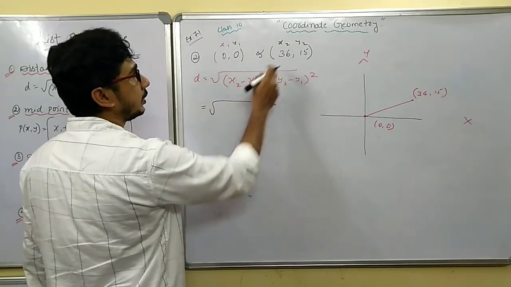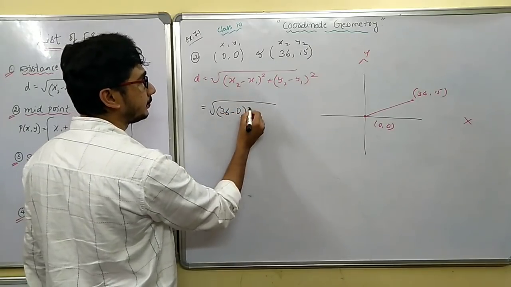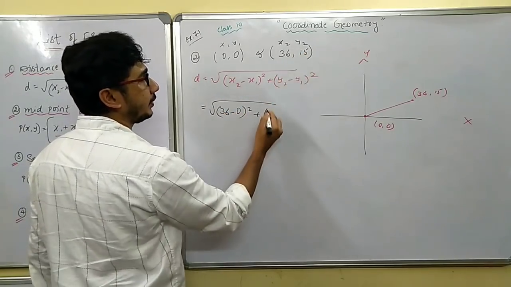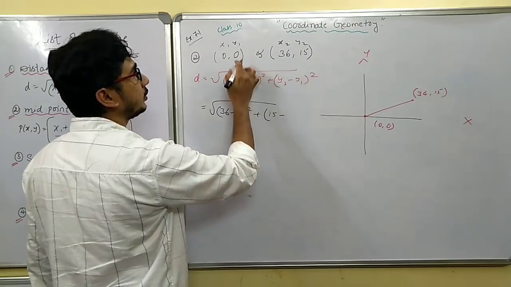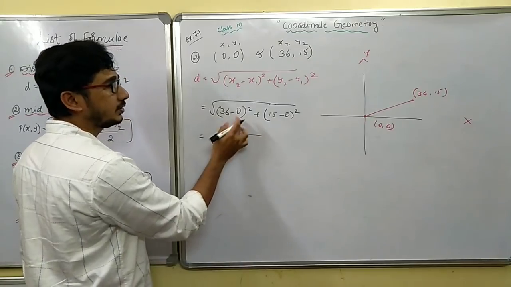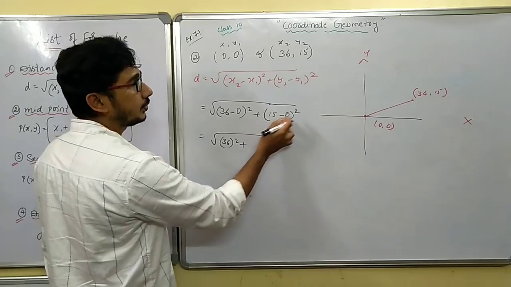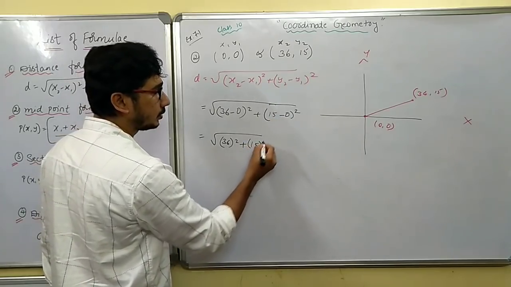So I'll write here, this is x1 y1, x2 y2. x2 how much? 36. x1 how much? 0 whole square. y2 how much? 15. y1 how much? 0 whole square. Okay, now 36 minus 0 is 36 whole square only. Now 15 minus 0 is 15 whole square.